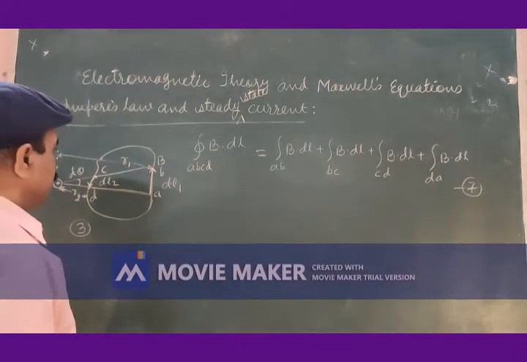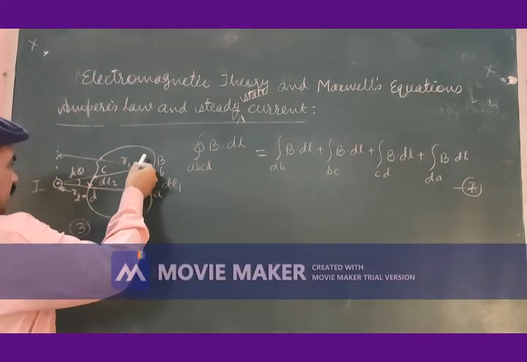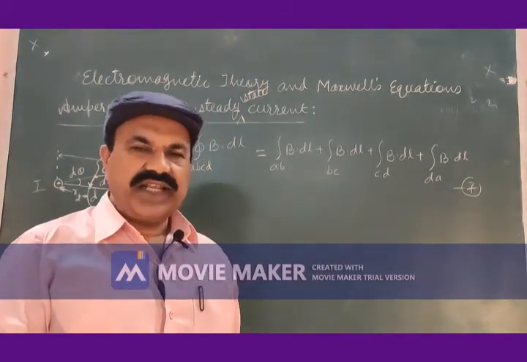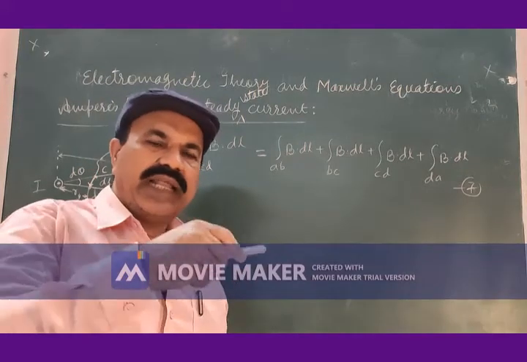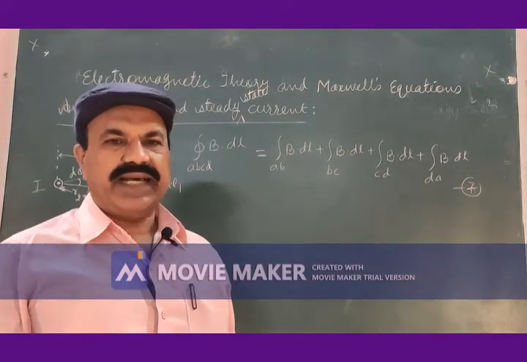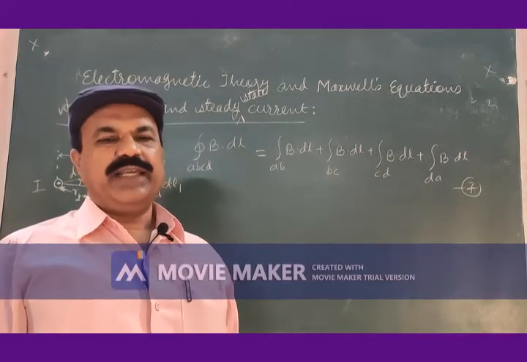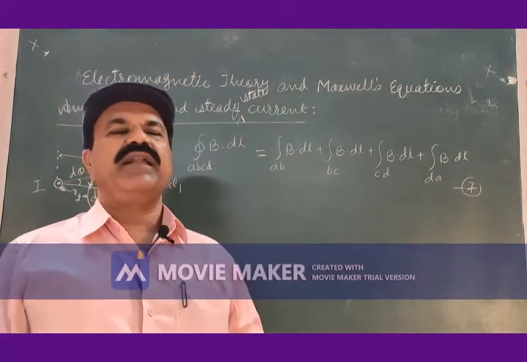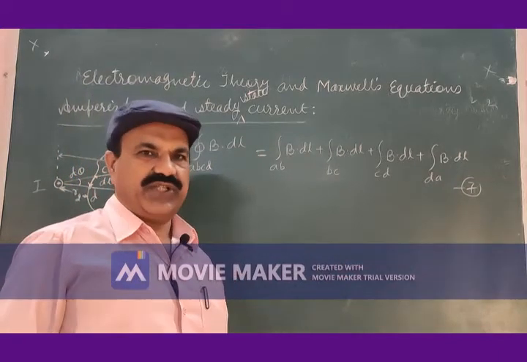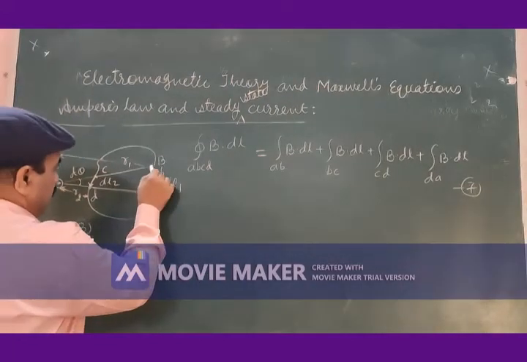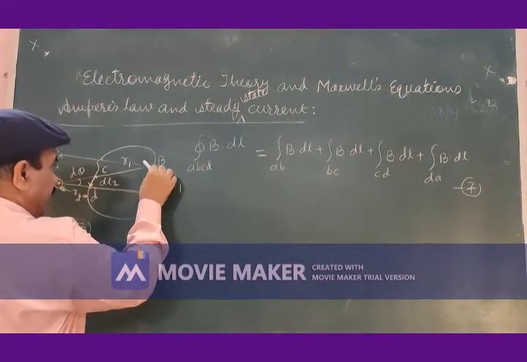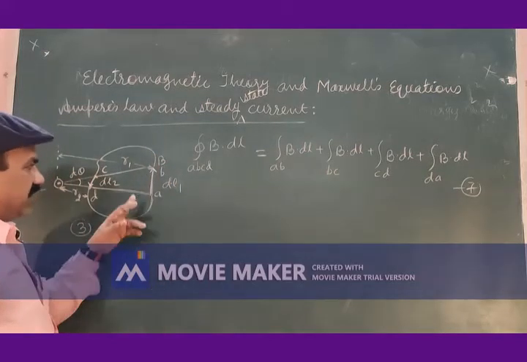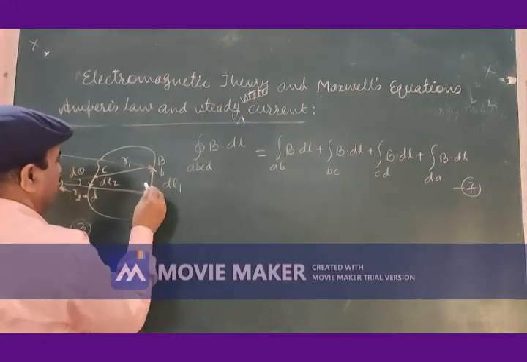Now, the sign of integration is always decided by the direction of encircling the path and direction of B. If these two are parallel, sign of integration will be positive. If these two are anti-parallel, sign of this integral will be negative. Here, B and this arc, they are approximately having 90-degree angle.